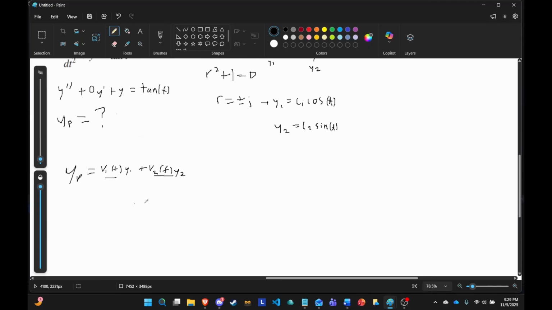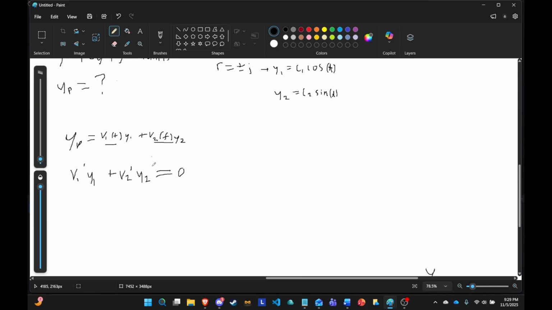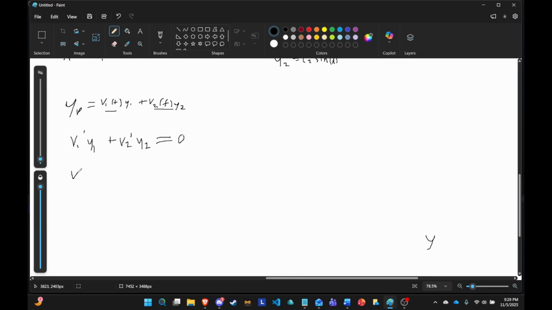So there are a couple conditions I'm going to introduce. The first is v1 prime y1 plus v2 prime y2, and that's going to be equal to 0. And then our next equation is going to be v1 prime y1 prime plus v2 prime y2 prime, equal to f of t divided by a.